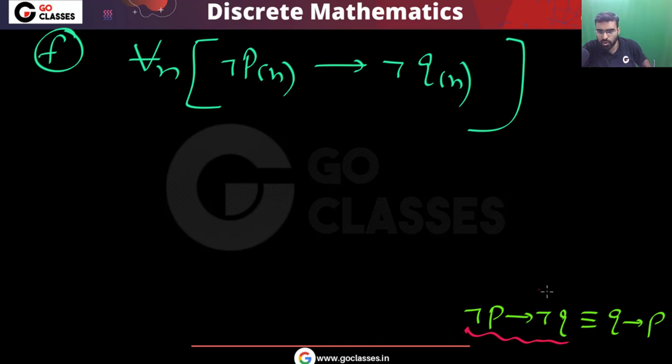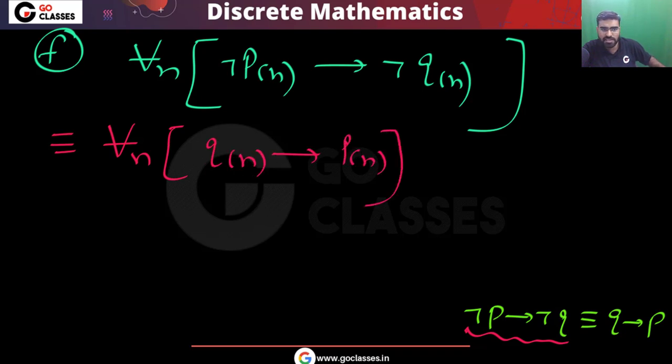The contrapositive of negation p implies negation q is q implies p. So option F says for all n, q(n) implies p(n), and that is the same as option A, option B, and option E.